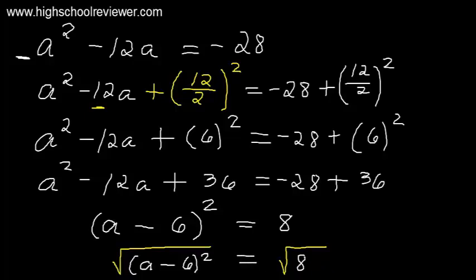Now, the square root of (a minus 6) raised to the power of 2 will be equal to a minus 6. So we are now going to have here a minus 6 equals plus minus the square root of 8.